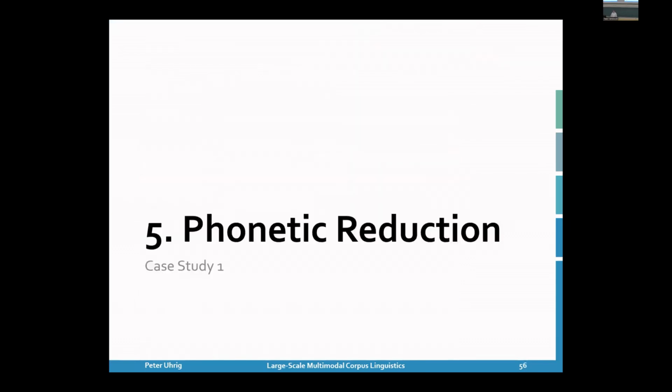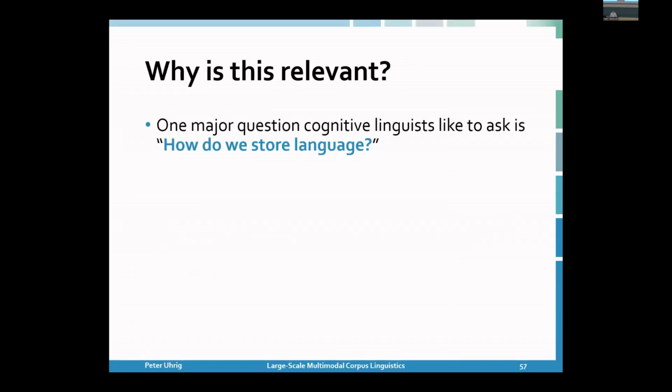All right. There's other stuff you can study with these corpora, not necessarily visual. You can also look at just the audio channel. So why is that actually relevant? Well, one major question cognitive linguists like to ask is, how do we store language?